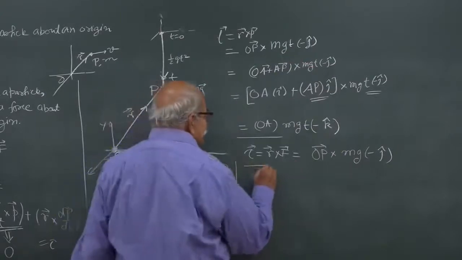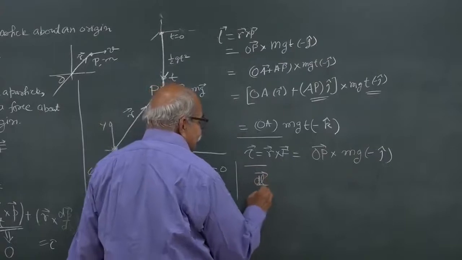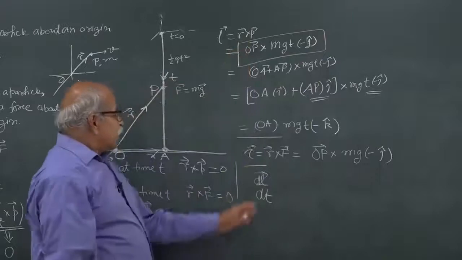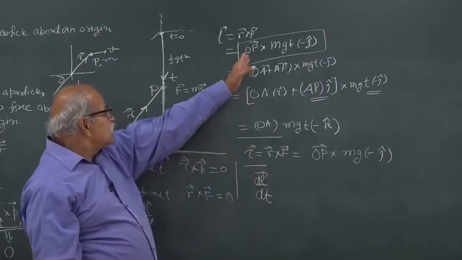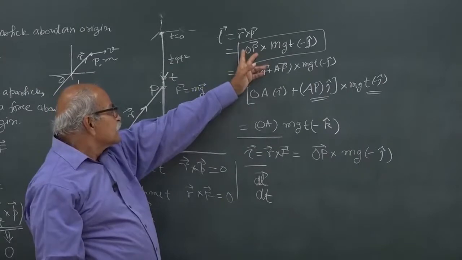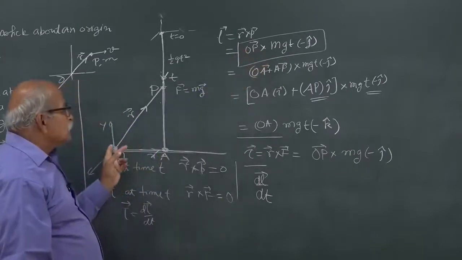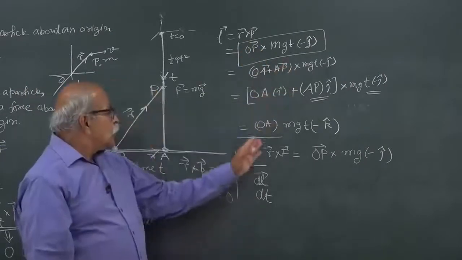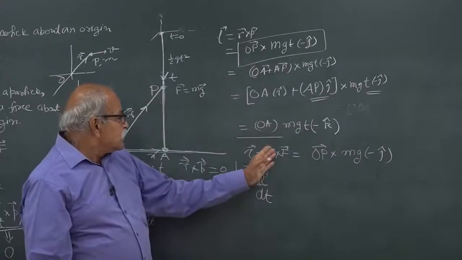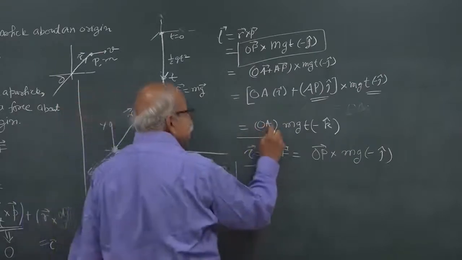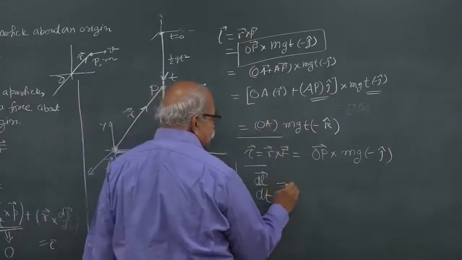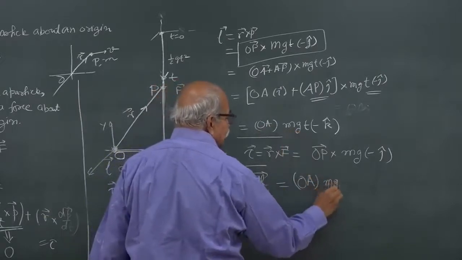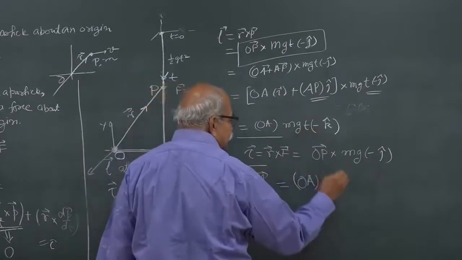So, now if you do this dL/dt, here is L, and I am doing dL/dt, differentiating this with respect to time. OP is not a fixed vector, OA plus AP, you can write it like that. So, your dL/dt, if you take from here, OA is fixed, correct, and mg is fixed, and differentiate t with respect to time, so it is 1.